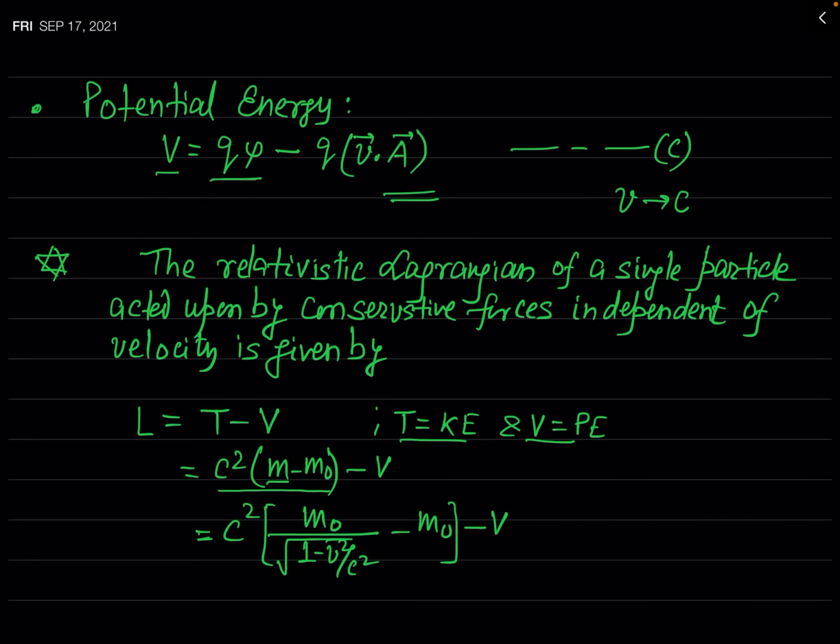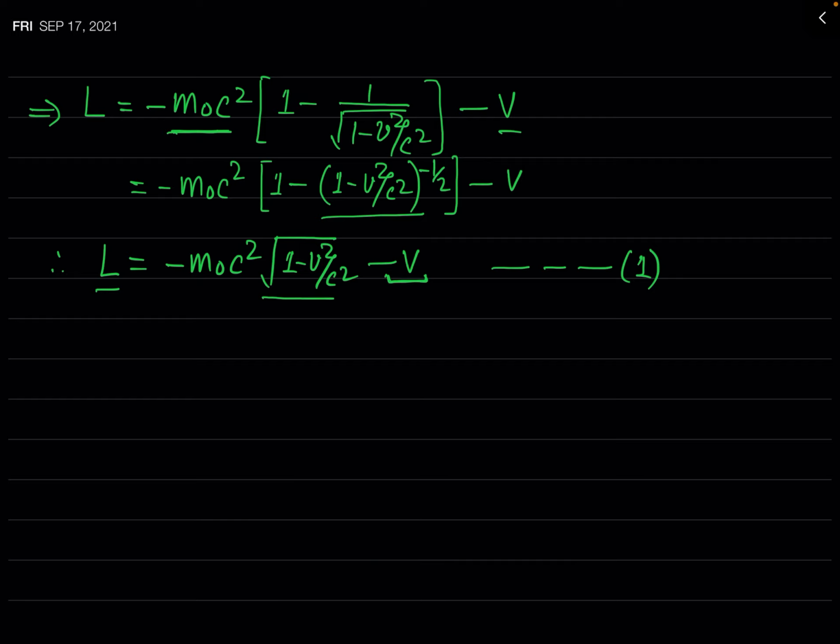So I have mentioned it, this result here. You can see this is actually the expression for potential energy of a particle when it is in an electromagnetic field, whose scalar potential is phi and magnetic vector potential is A. So if you substitute that expression for V in this equation, then this L will be the Lagrangian of the particle in an electromagnetic field.